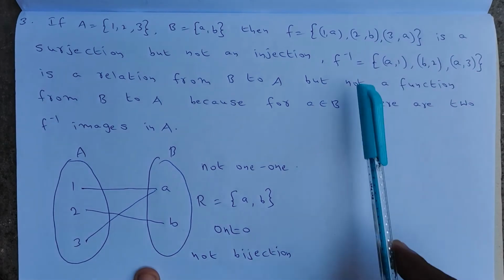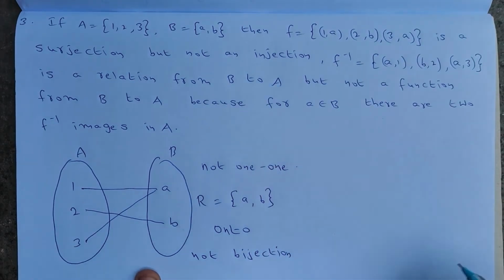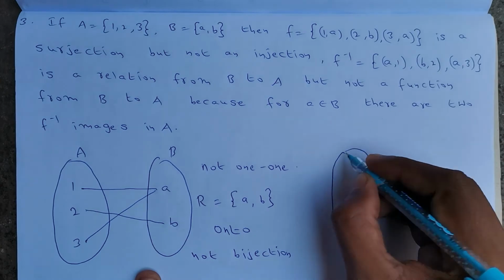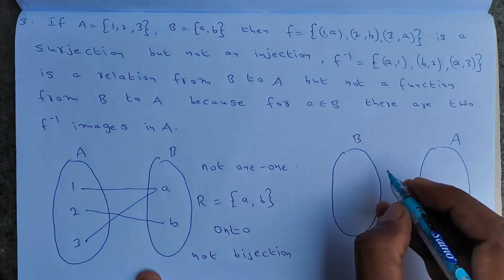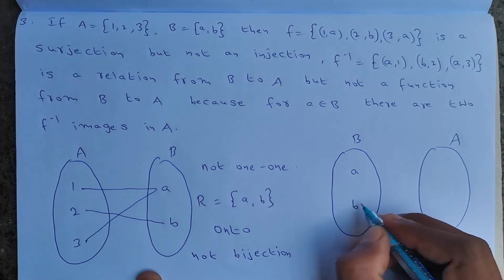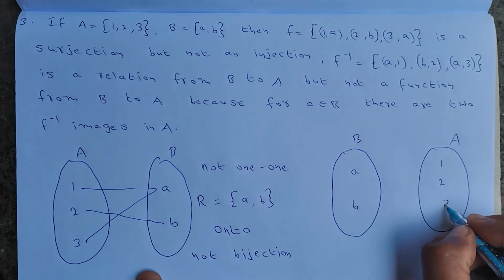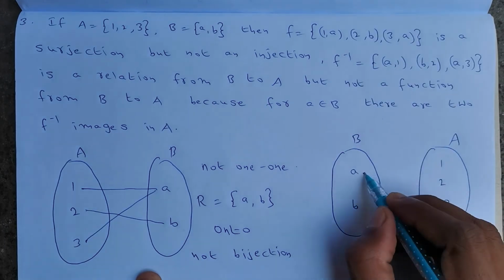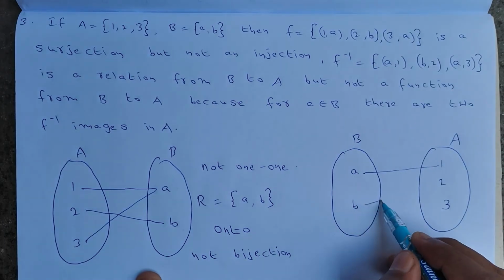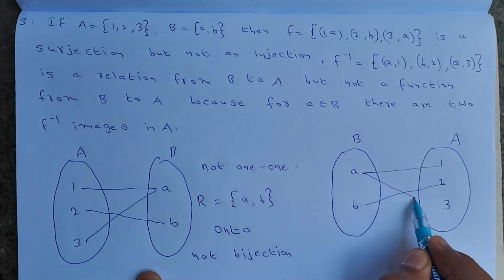Next, F inverse he wrote from B to A. Here set B, here set A. Set B has A, B and set A has 1, 2, 3. Now F inverse he wrote as (A, 1), (B, 2) and (A, 3).